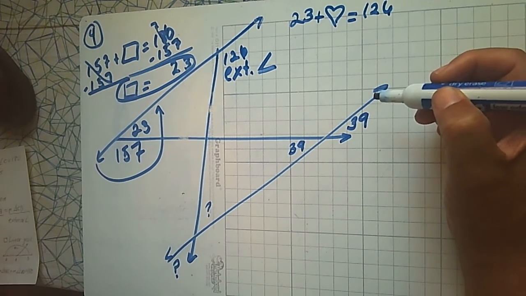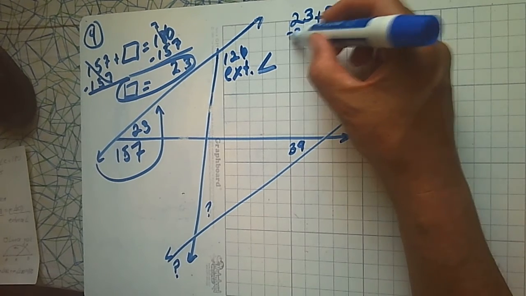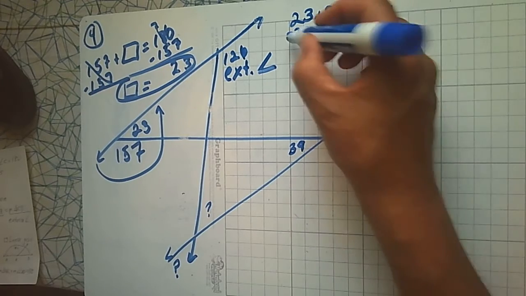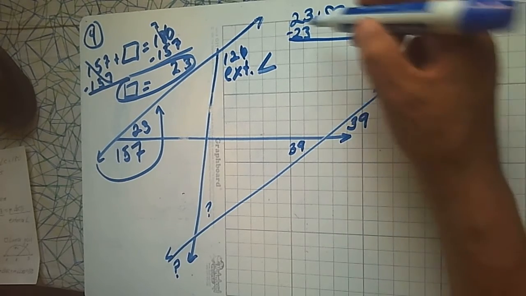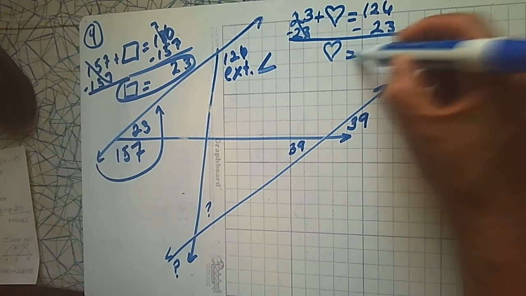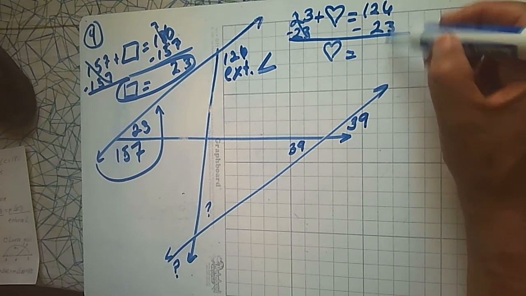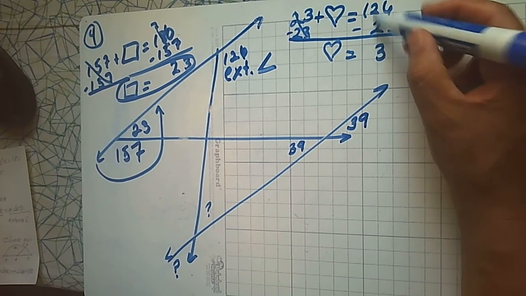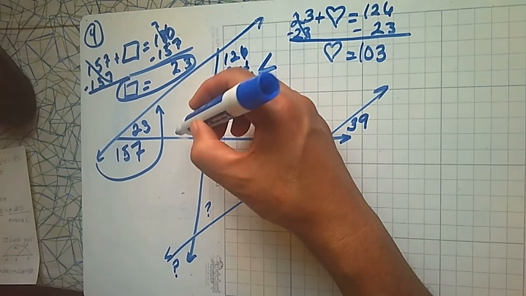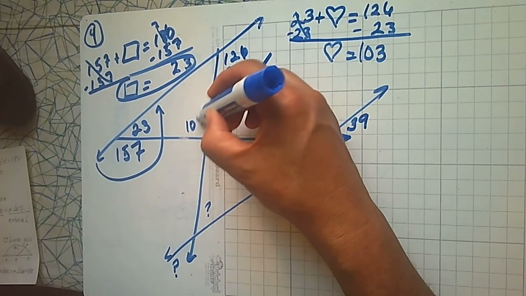Now get the heart by itself, that'll be negative 23, negative 23. These are opposites, they cancel, so the heart is equal to 126 minus 23: 6 minus 3 is 3, 2 minus 2 is 0, so 103. So this will be 103.